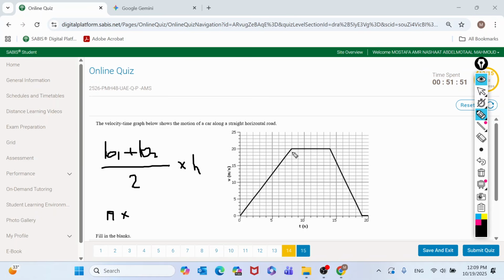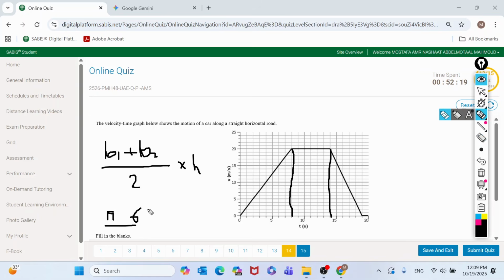Here, it's this line, so 8, and here it's at 14, so 14 minus 8 is 6.